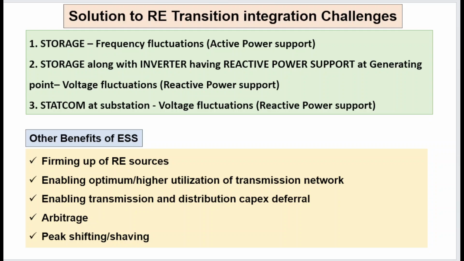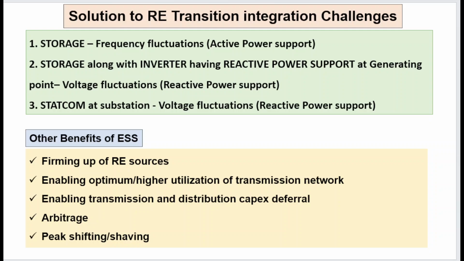So we already know this is the amount of power which is going to travel all the time, so we can design the transmission network for that power. Then we have enabling transmission and distribution capex deferral. So we don't need to increase the capacity of transmission or distribution systems, as the excess power will be stored in the storage solutions, and it will not be required to be transmitted or distributed.